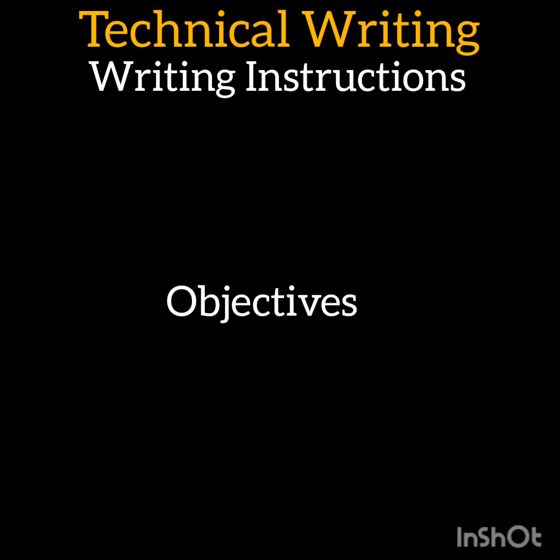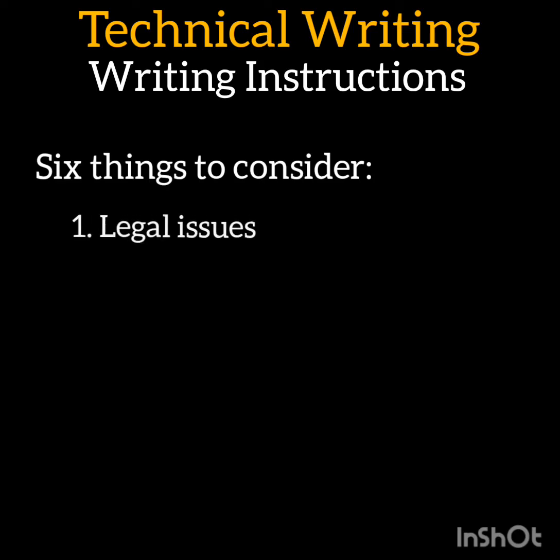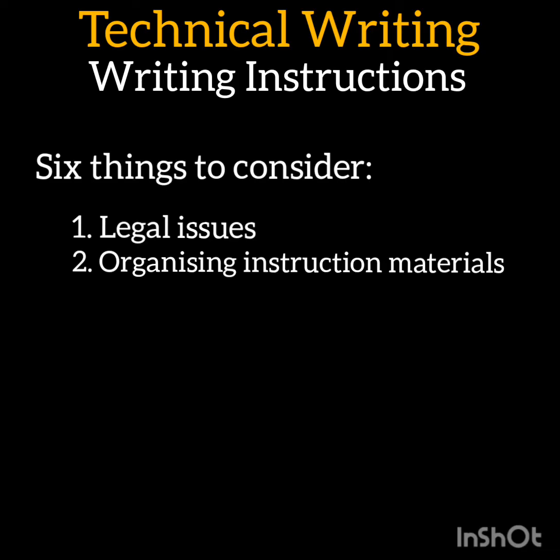So first of all, we defined instructions as a step-by-step guideline or a set of actions of how to do something. And as you prepare instructions, it's important to bear in mind these 6 things, because they are the core of what an instruction is all about. Number 1, it's important to know the legal issues. Number 2, it's important to know how to organize the material for writing an instruction.